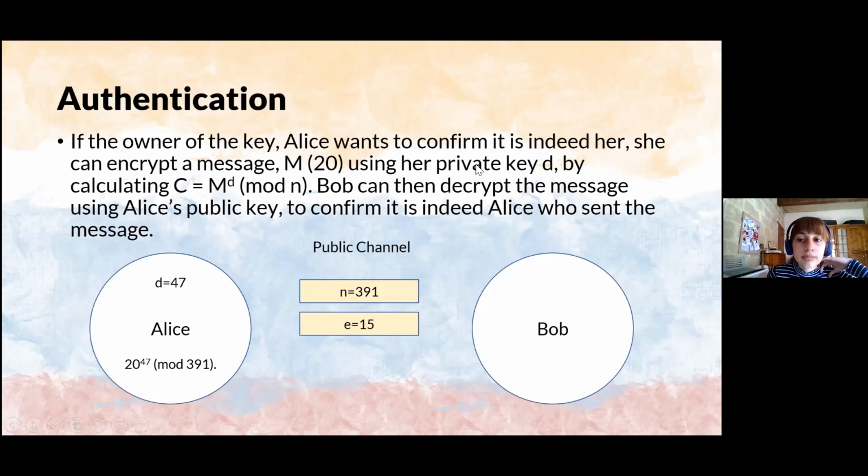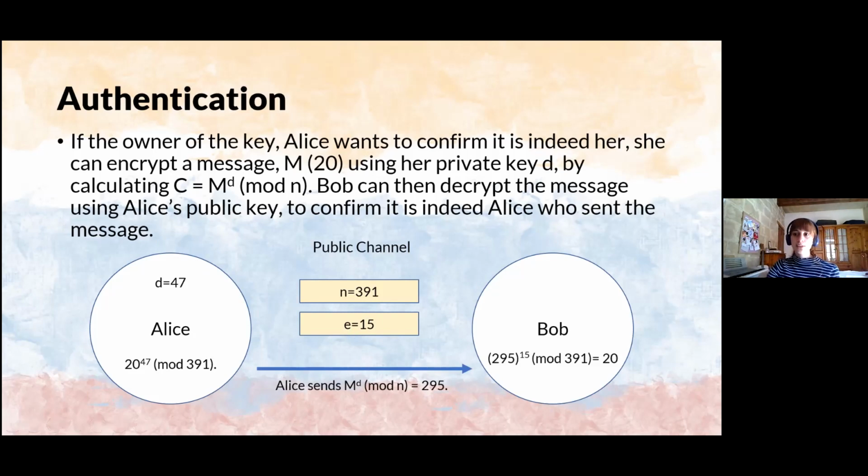So she raises 20 to 47, which is her secret key. She sends it to Bob, and then Bob can simply raise it to her public key E and get 20 back. So he knows that whoever sent that 20, it was Alice.